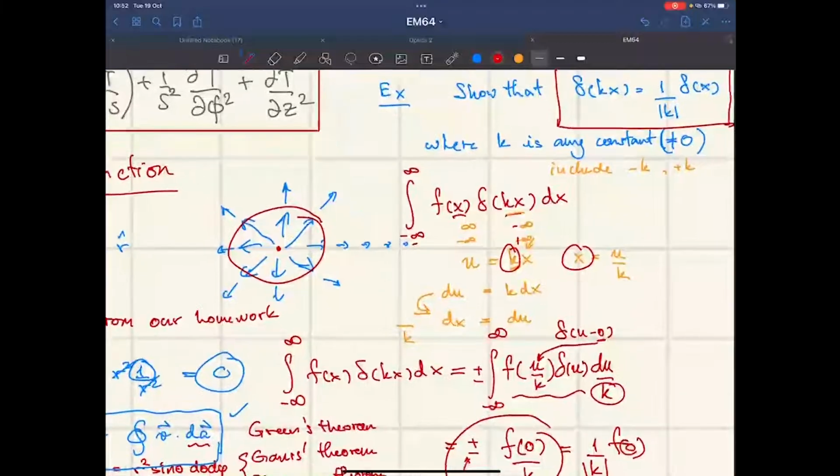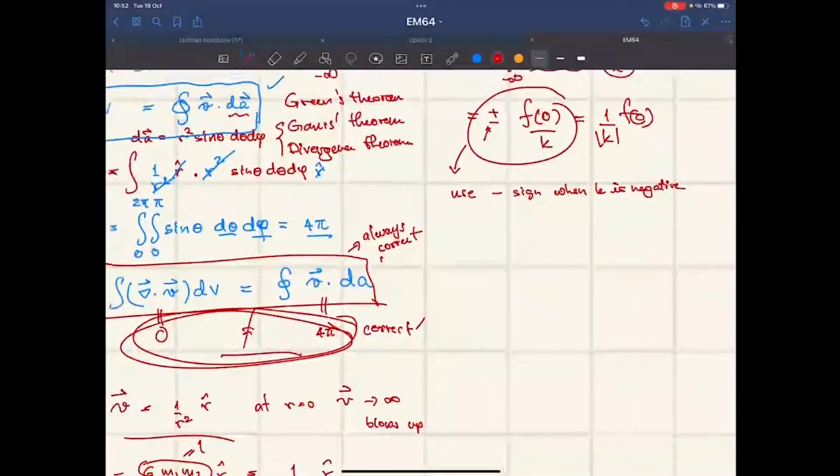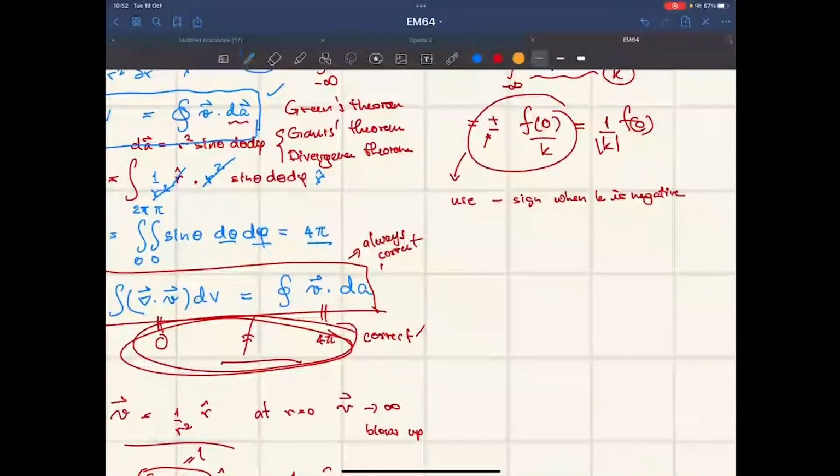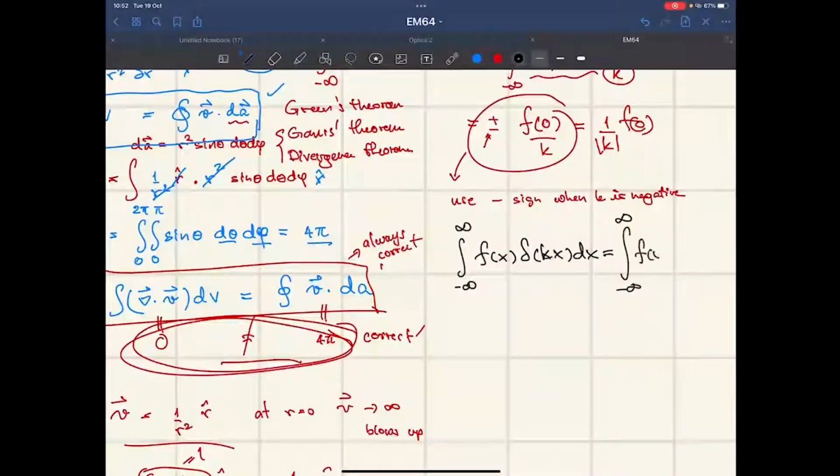And now we can write down the integration in the other form. Okay, let me write down from minus infinity to infinity f(x) multiplied by delta(kx) dx must equal minus infinity to infinity f(x) here.